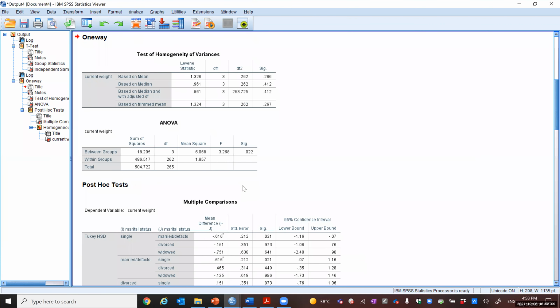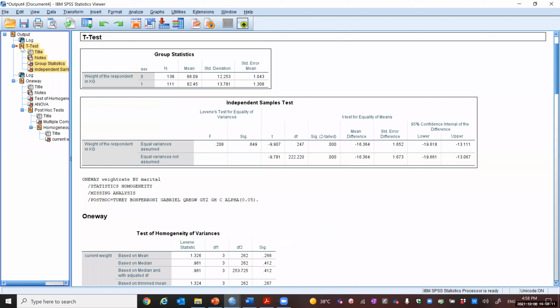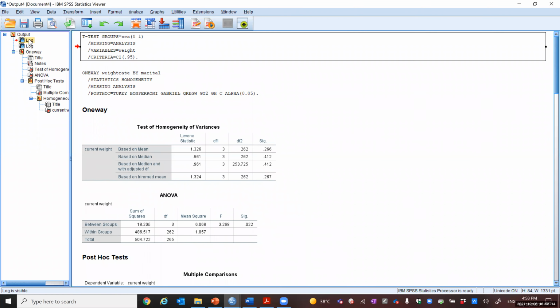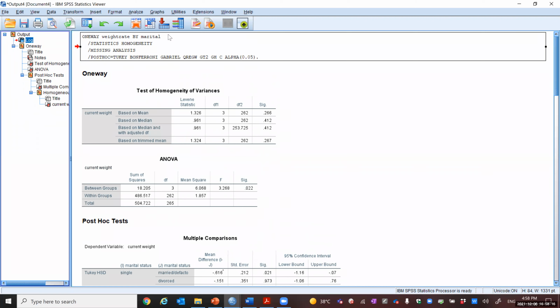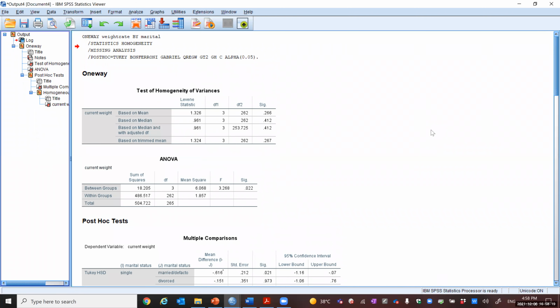And if I click on OK, let me delete the first part. Now, if you look here, you can see the test of homogeneity of variances, and we take this first line, which is based on the mean. The p-value is 0.26, which is not significant. And when the p-value is not significant, we accept the null hypothesis.